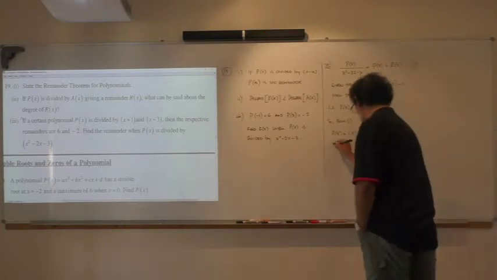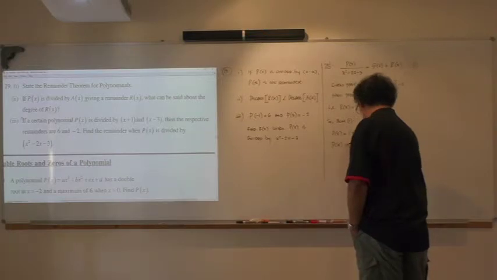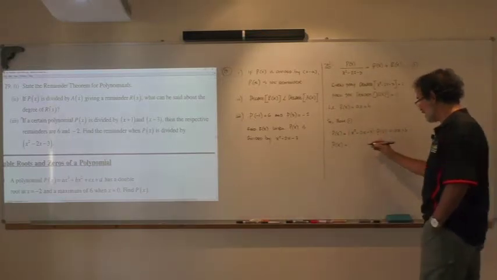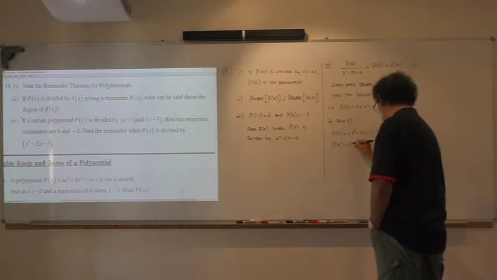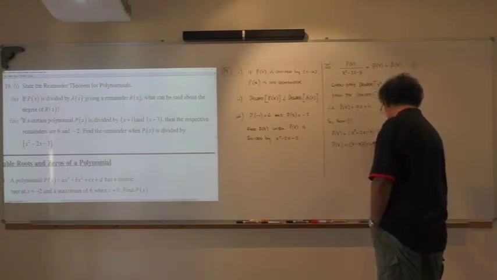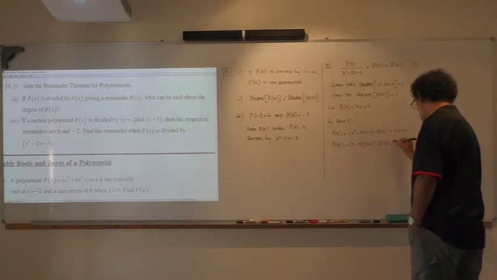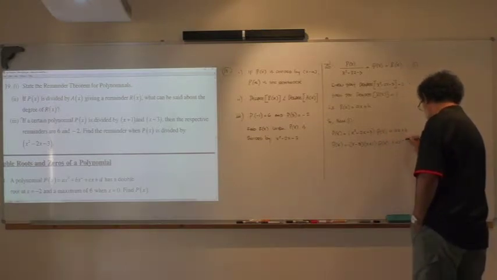This can be factored as x minus 3 and x plus 1, all multiplied by the quotient, plus this remainder.